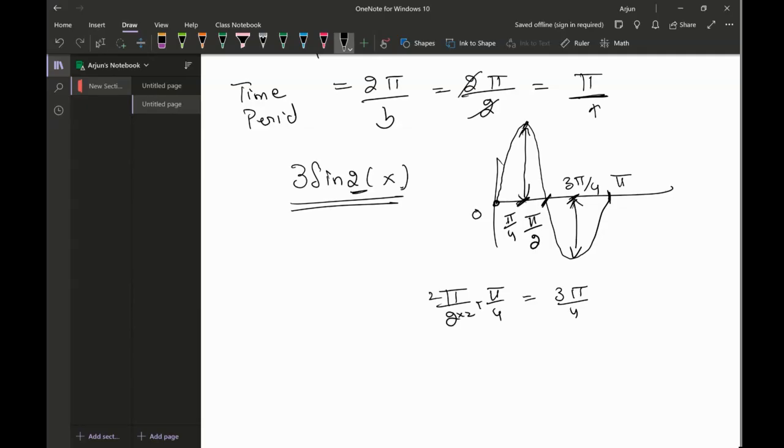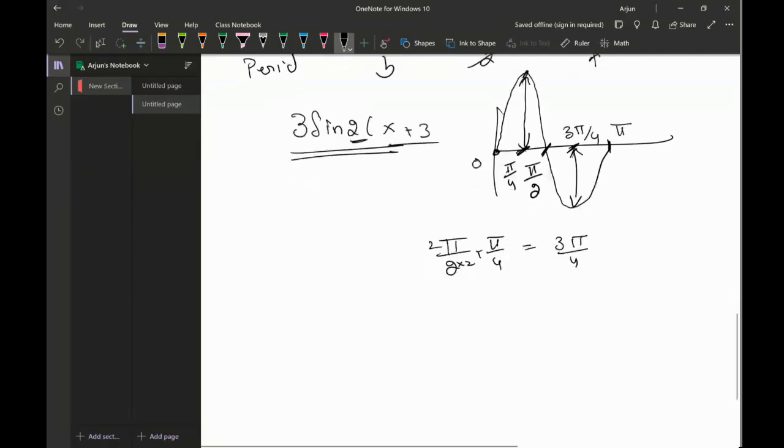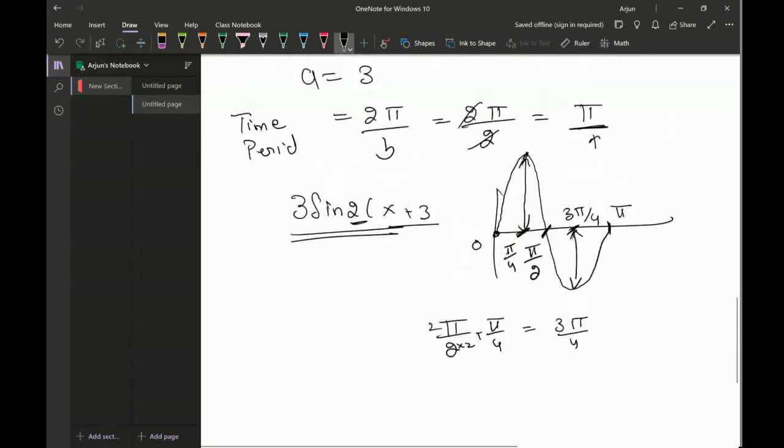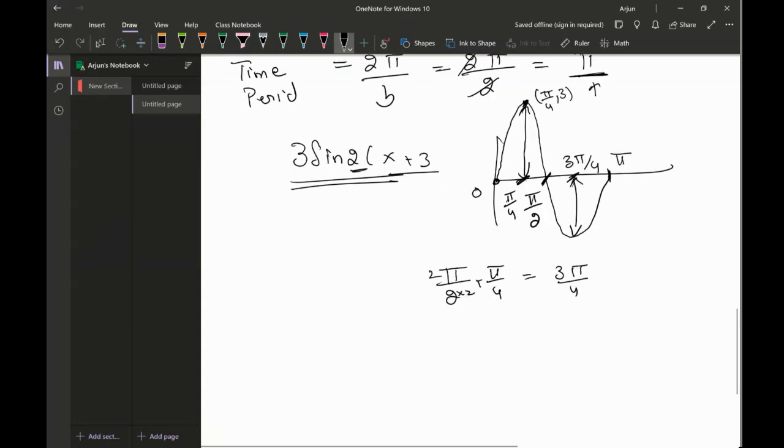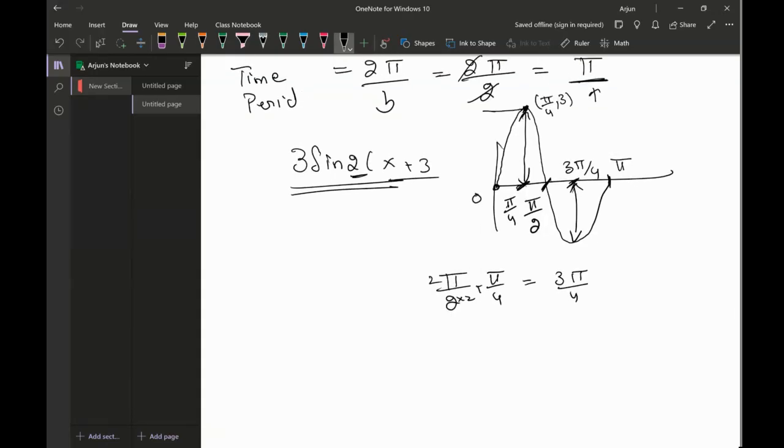Another thing is, when there is a horizontal shift, if I'm adding 3 to this, it means my graph will move 3 points to the left. So this point here, the x value is pi over 4, and the y value is 3. So this is going to give me a horizontal shift. Horizontal shift means you are moving 3 to the left.